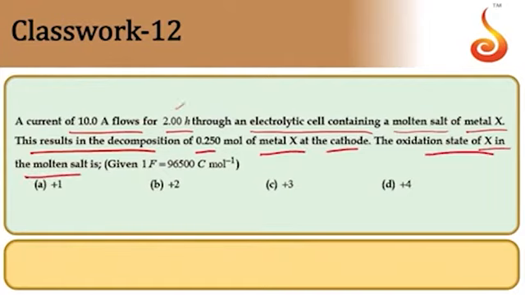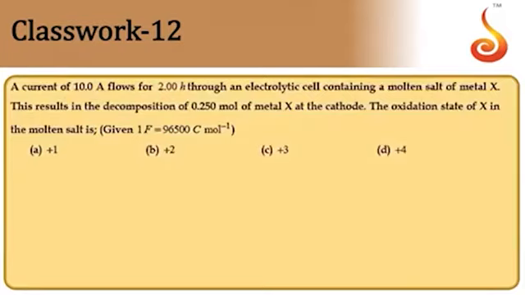So time is given, current strength is given to us, and moles of metal formed is also given to us. We need to find out oxidation state of the metal. Applying Faraday's laws, 10 amperes, 2 hours, deposits 0.25 moles of substance.